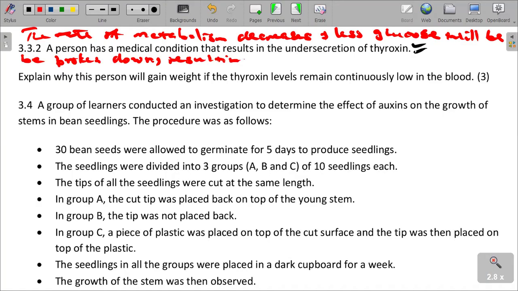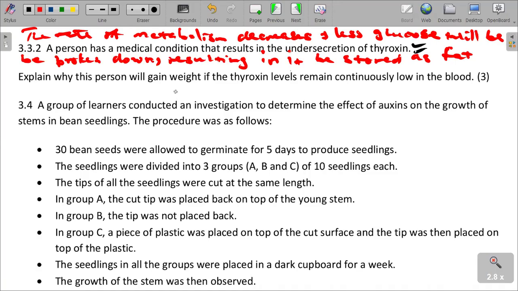Resulting in it being stored as fat, or glycogen.